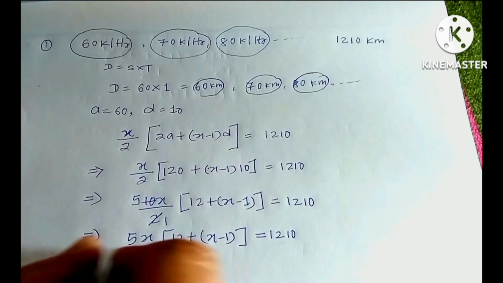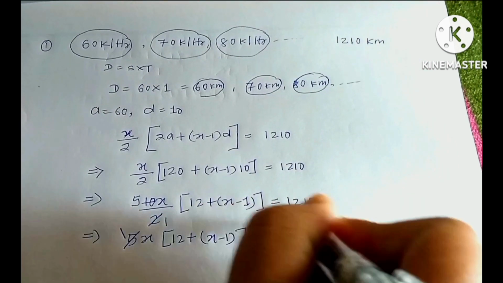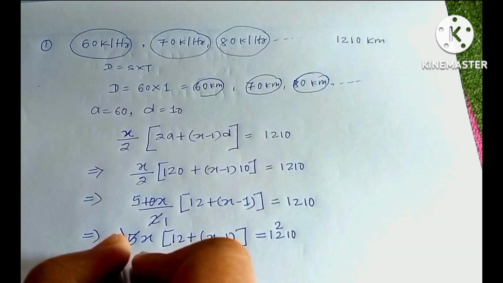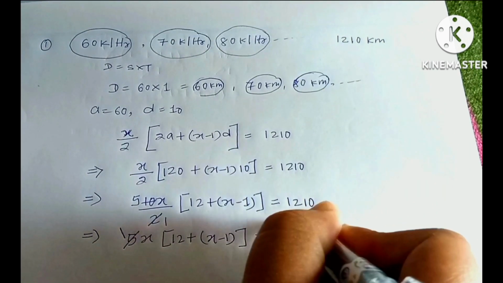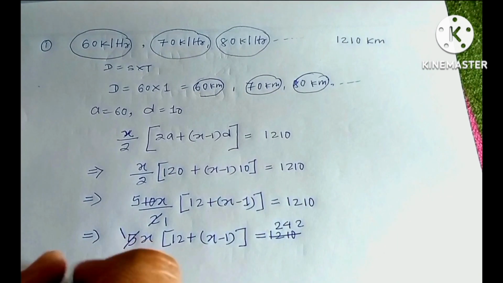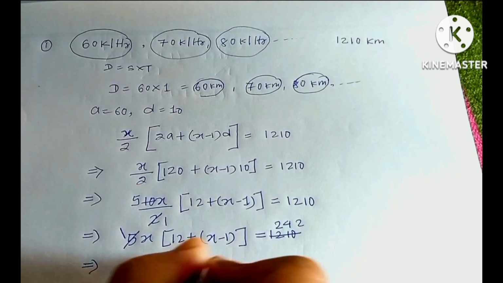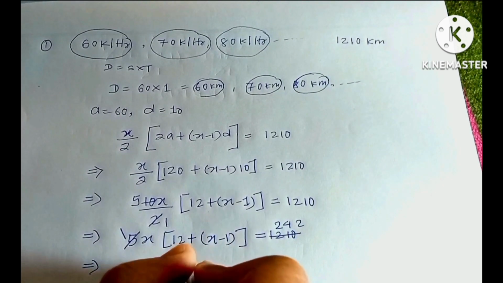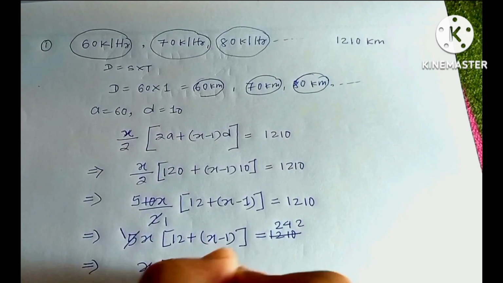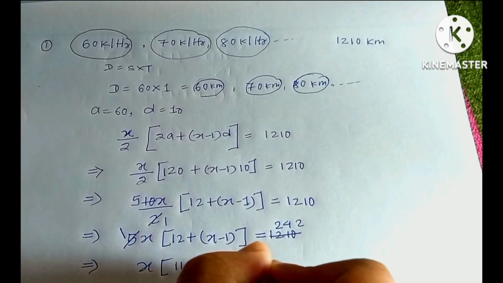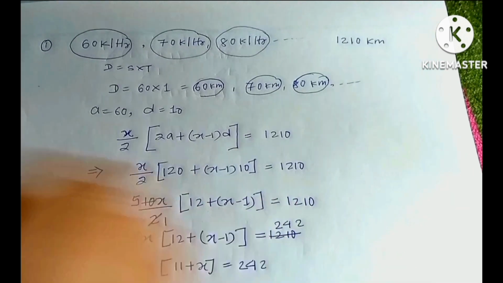From both sides we can cancel 5: 5 1s are 5, 5 2s are 10, 5 4s are 20, 5 2s are 10. So it becomes, in the left hand side, x into 12 minus 1 is 11 plus x, and in the right hand side 242.